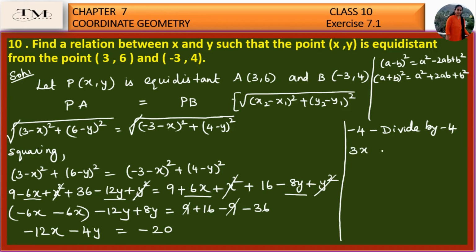So 3x plus 4 divided by 4 is 1, so 1y, equal to, the negative gets cancelled, 20 by 4 is 5. Okay, so this is the relation between x and y such that the point x comma y is equidistant from the point 3 comma 6 and minus 3 comma 4.